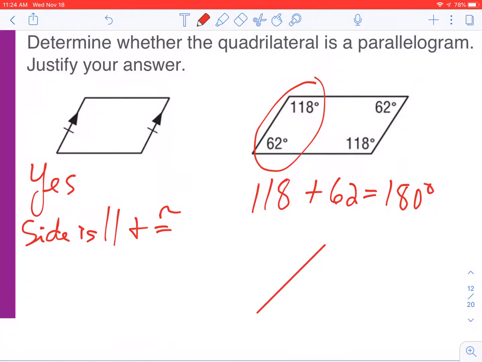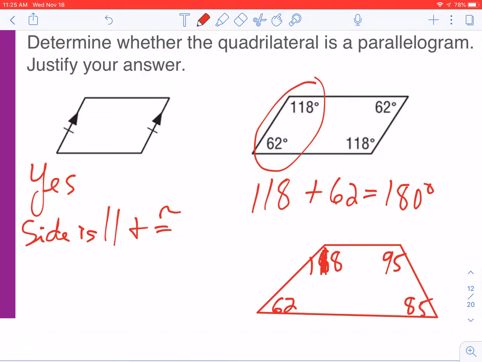But a trapezoid could have these two supplementary. So this could be 62, this could be 118. The only problem is this would be, let's say, 95, and this would be, let's say, 85.